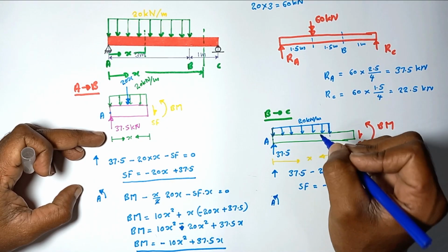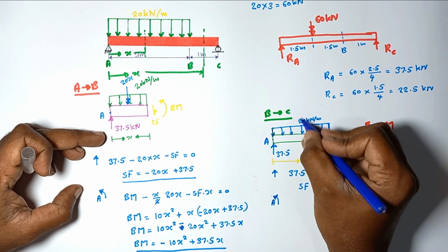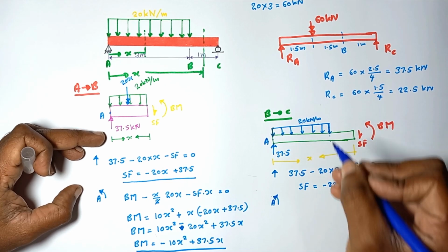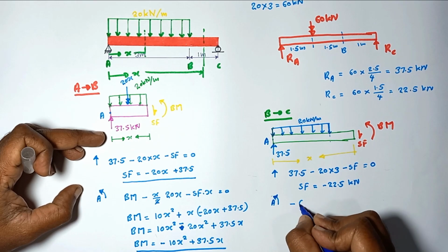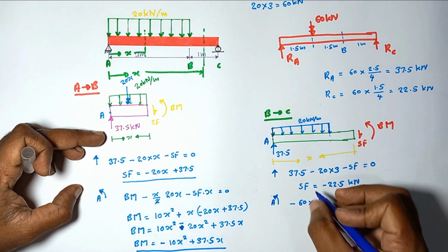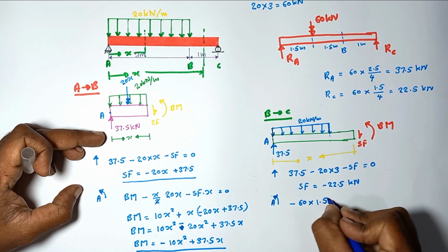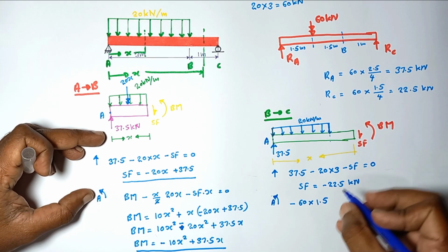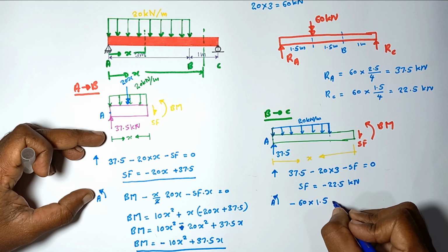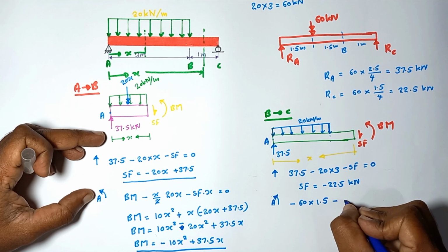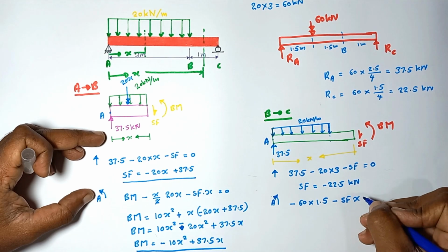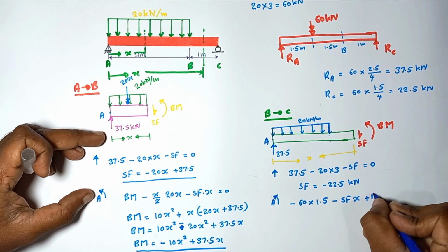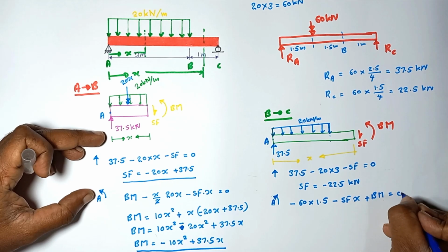Then by taking the moment around this A point, again we are going to find the bending moment. Here the resultant of this distributed load is acting at the middle, that is equal to 60 kilonewton, so minus 60 into the lever arm, which is 1.5 meters. Then minus shear force into the distance x, plus bending moment is equal to 0.